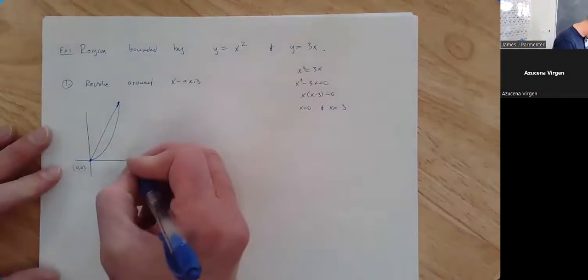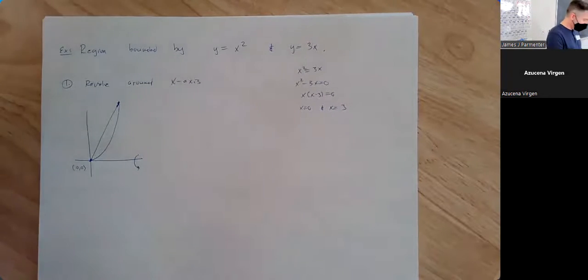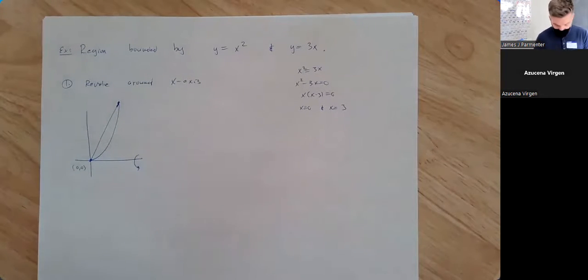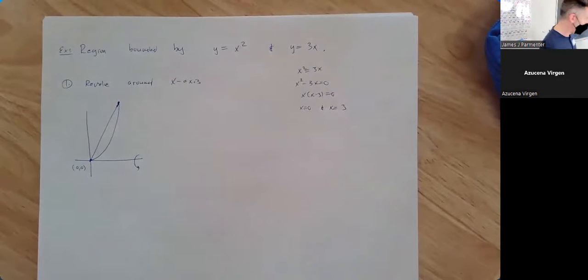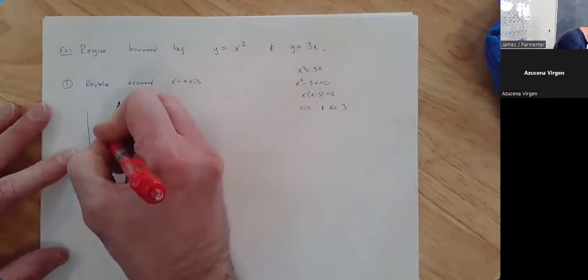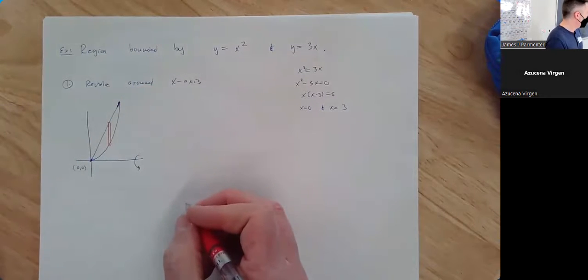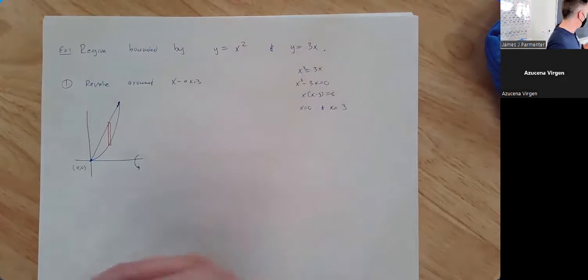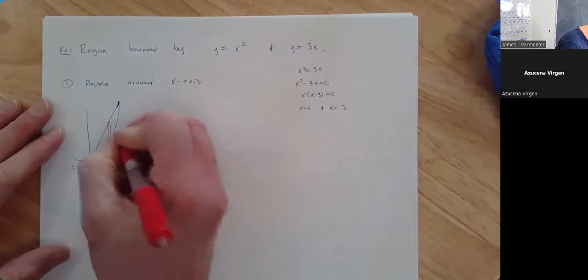So if we're going around the x-axis, we need a vertical strip. With the washer or disk method, the strip is always going to be perpendicular to the axis of rotation. Since we're going around the x-axis, our strip has to be vertical. I don't really like drawing the shape. I don't find the actual volume thing to be particularly useful, but I do like drawing what this looks like when I revolve it around.